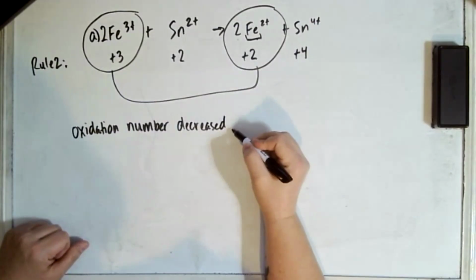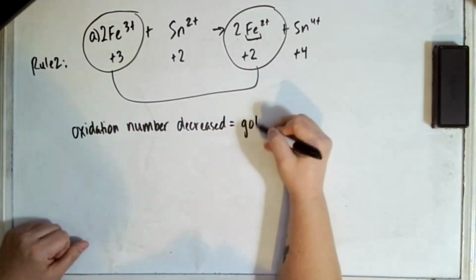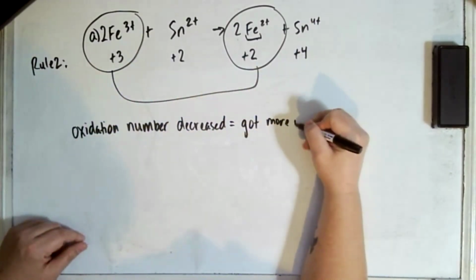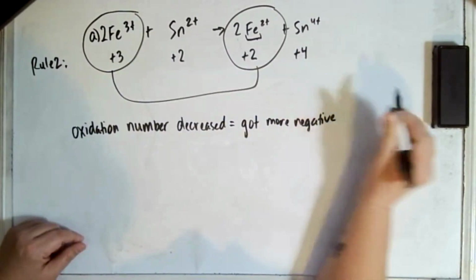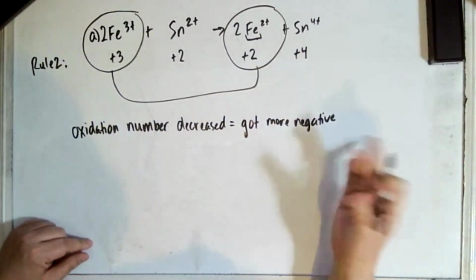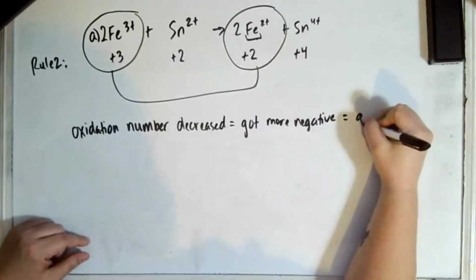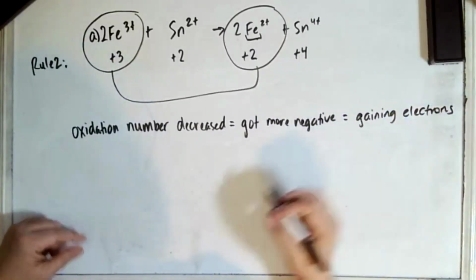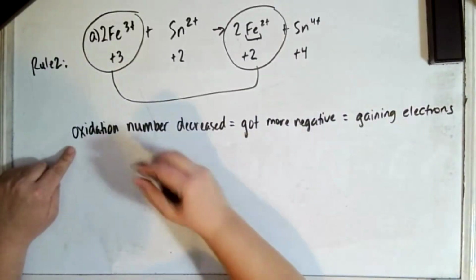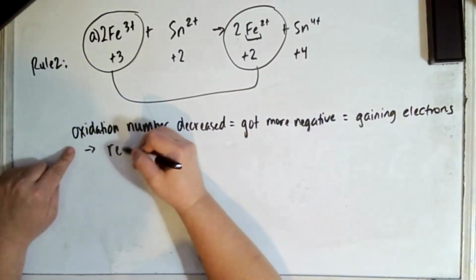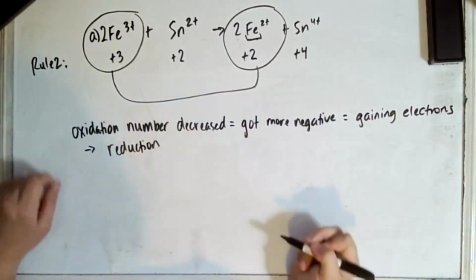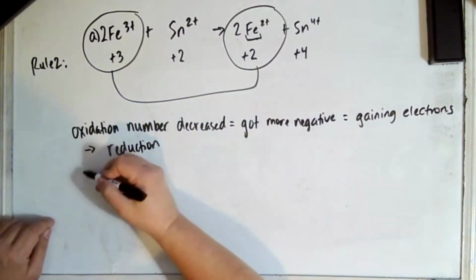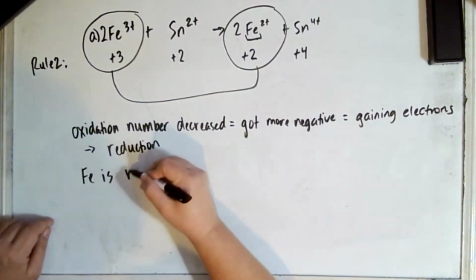When your oxidation number decreases, that means that whatever you started with, your reactant, got more negative. If it gets more negative, that means it's gaining electrons. So if your oxidation number decreases, that substance is undergoing reduction. We can tell from that decrease in value from reactant to product that the iron is reduced.